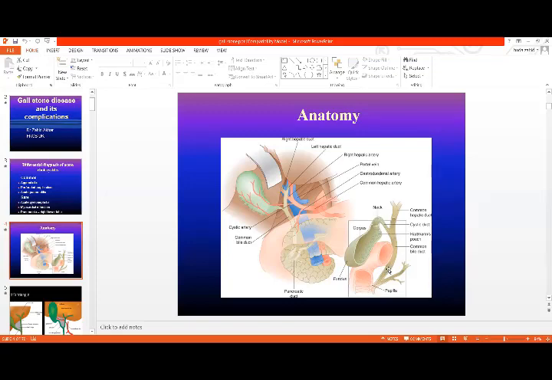The common bile duct, coming behind the duodenum and opening into the second part of the duodenum, is joined by the pancreatic duct from the pancreas gland before opening into the second part. So it's not only bile, but also pancreatic secretions opening into the second part of the duodenum through the same opening.